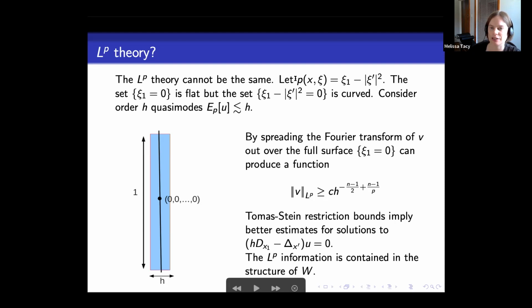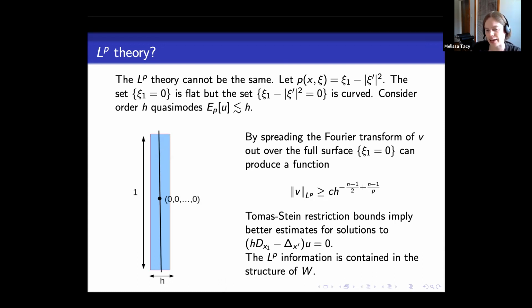However, this thing here is a curved surface, so it falls into the realm of the restriction extension conjecture. And although that still remains a conjectured result, already partial results, say like Tomas-Stein, imply better estimates than for the flat surface. And there's quite a theory around the fact that curved surfaces have lower LP growth.